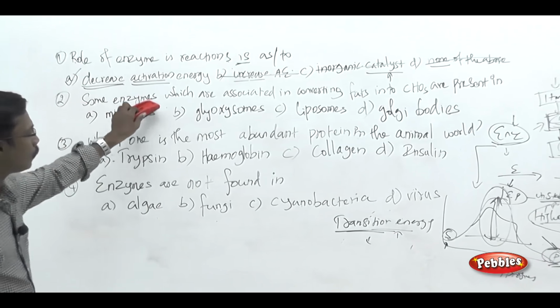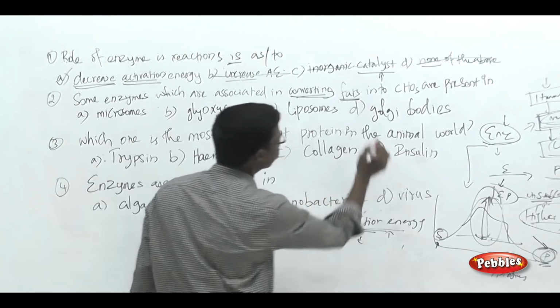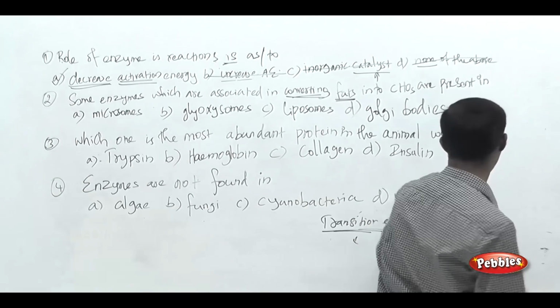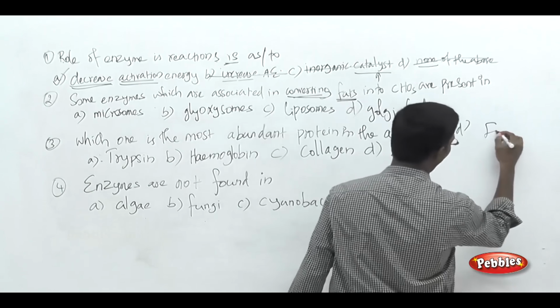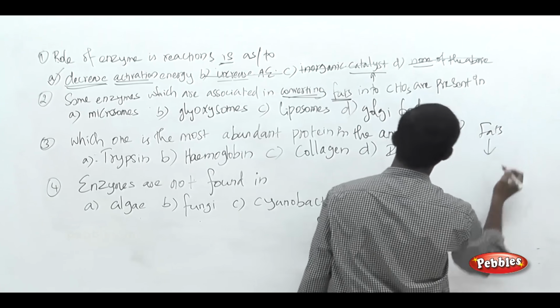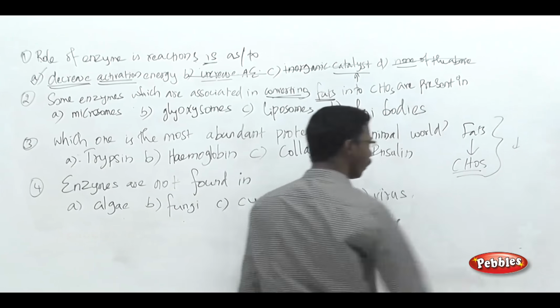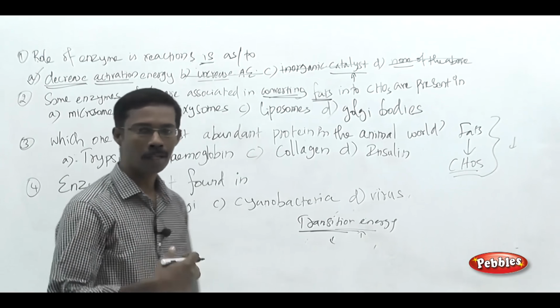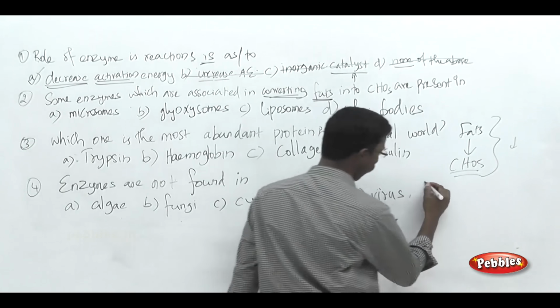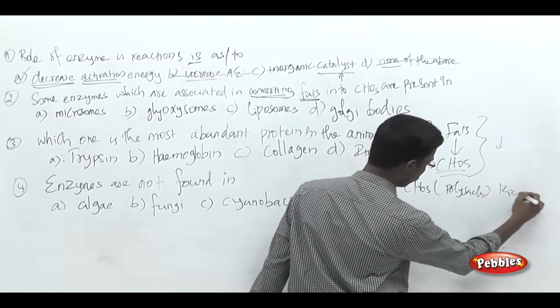Some enzymes are associated with converting fats into carbohydrates. We should have some knowledge about the conversion of fat into carbohydrate. Just remember one thing: in the normal pathway, in animals, we normally consume food in the form of carbohydrate, that is polysaccharides, for example rice.